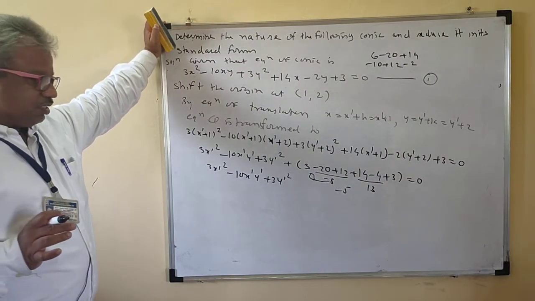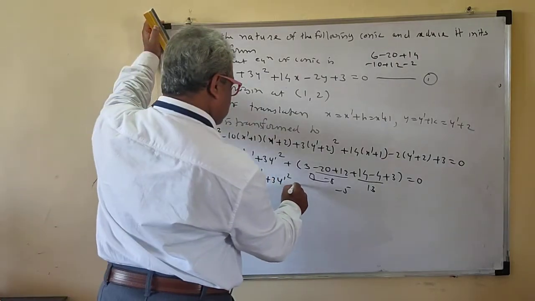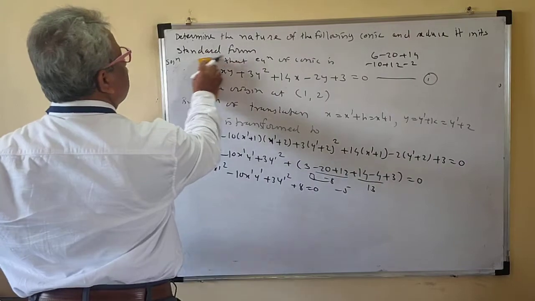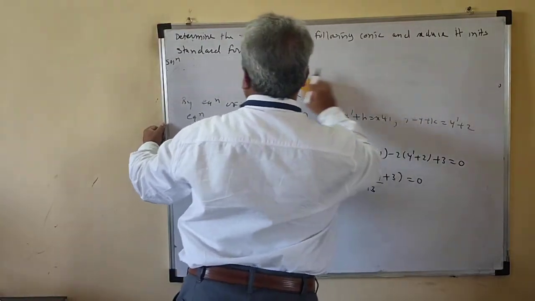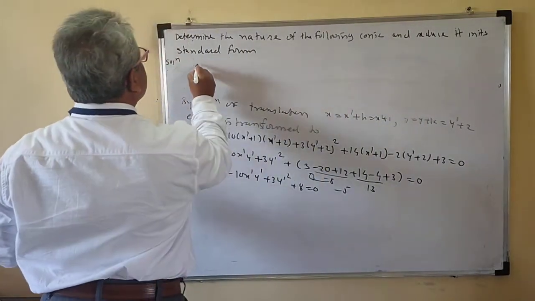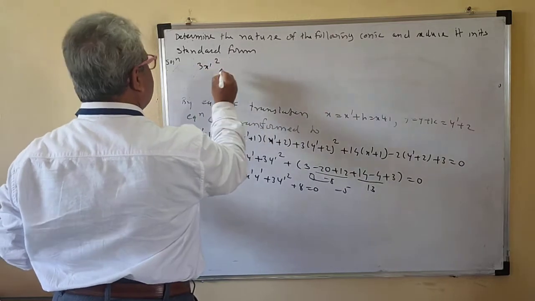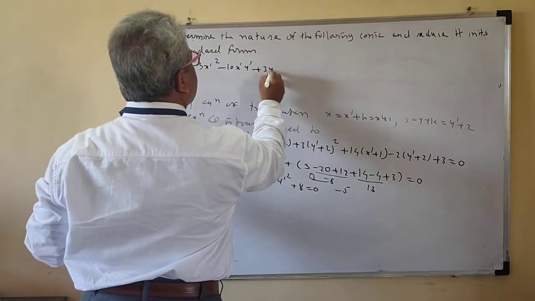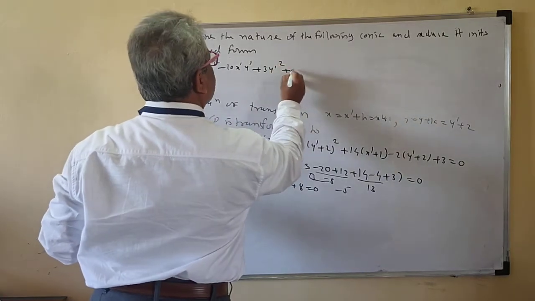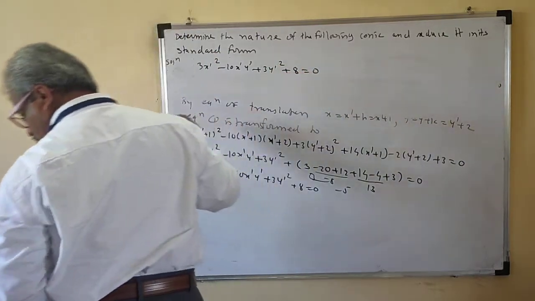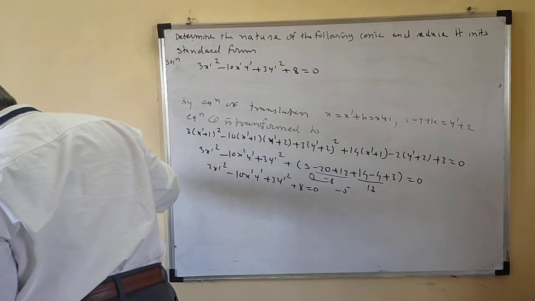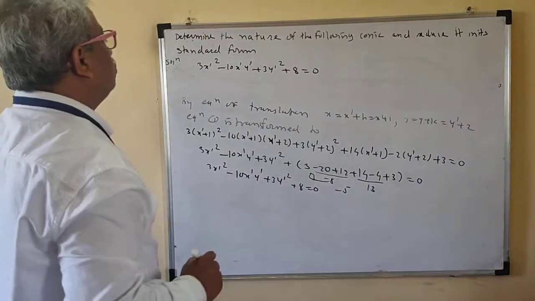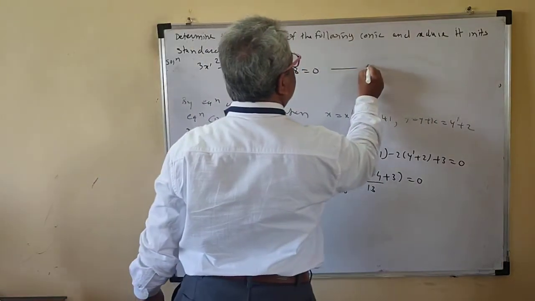Minus 5 plus 13 is plus 8. So I will write this equation: 3x prime square minus 10x prime y prime plus 3y prime square plus 8 is equal to 0. I will call this equation 2.